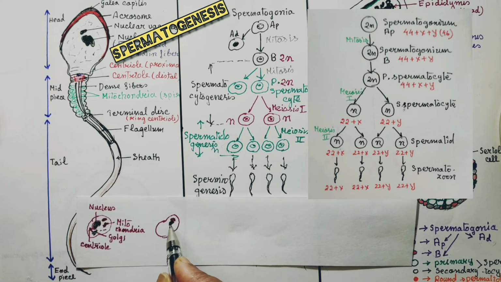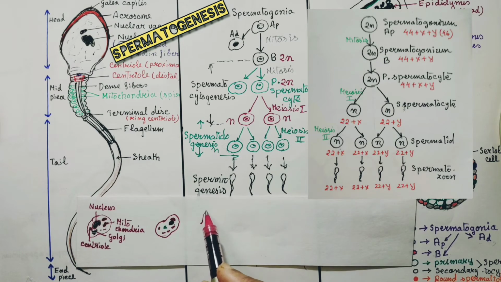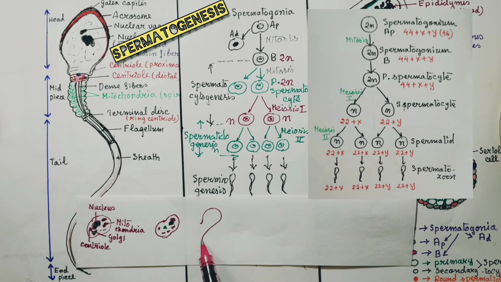This is the nucleus. The centriole will come over here, and the mitochondria. Next, a clear head will form. This is the acrosome part.